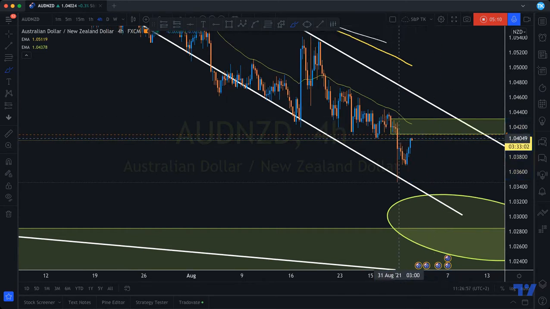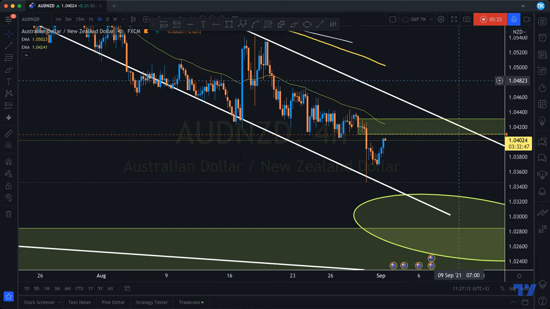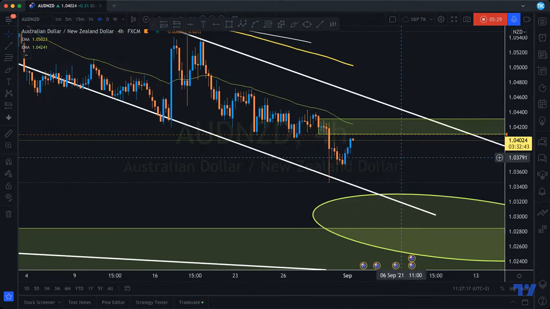So what does it mean? That in this order block, a lot of orders must probably be filled again. That's the reason why I consider this zone really interesting for my trade.